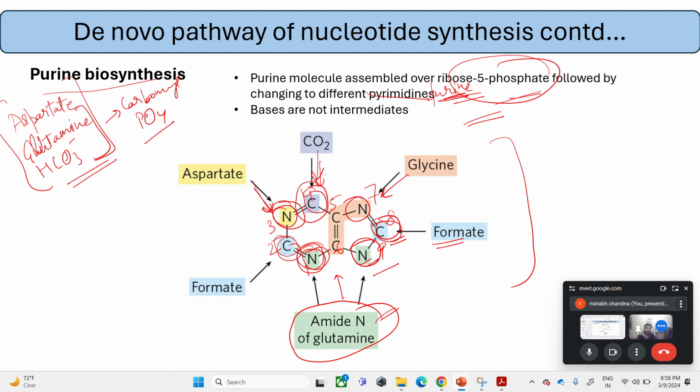The fifth and sixth carbon and seventh nitrogen come from the glycine molecule. So three amino acids are involved: aspartate, glutamine, and glycine. Formate and carbon dioxide provide different carbon atoms.